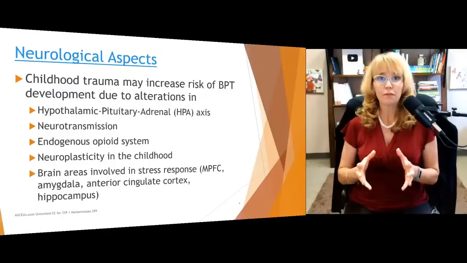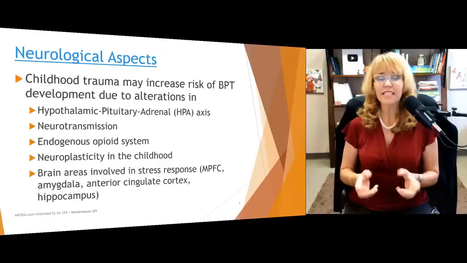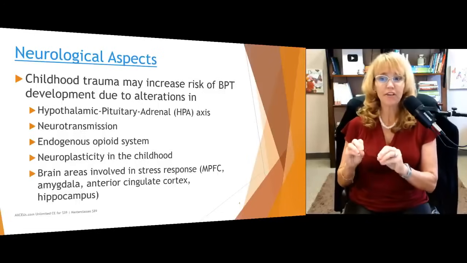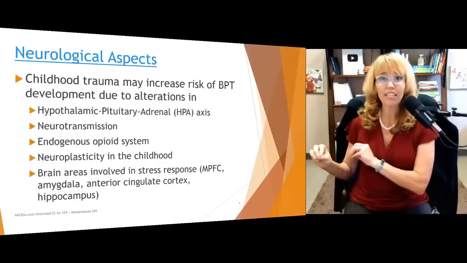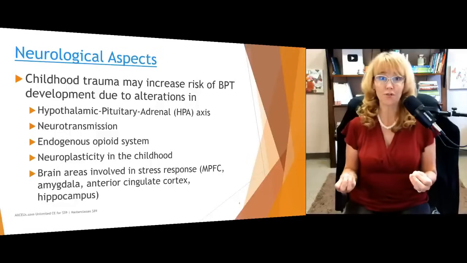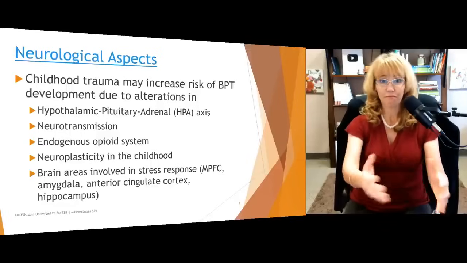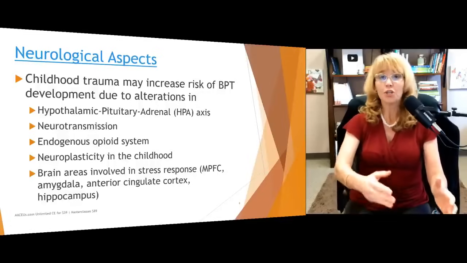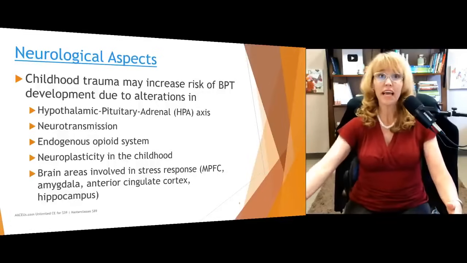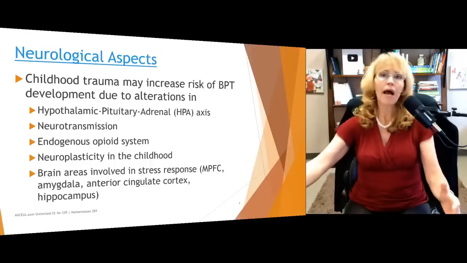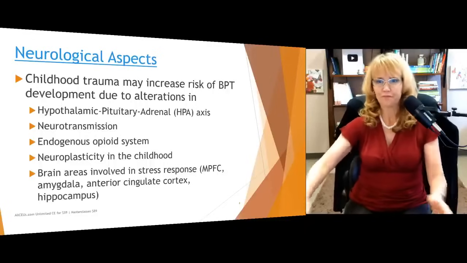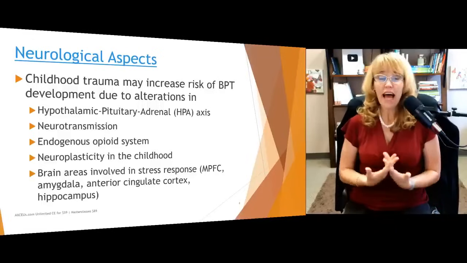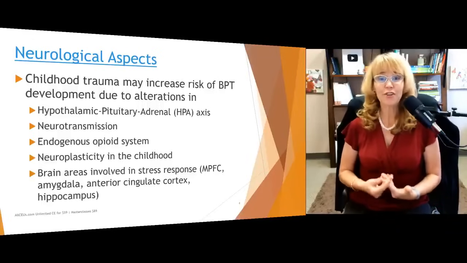And people with borderline personality traits often show this hypothalamic pituitary adrenal axis dysregulation in what we call emotional dysregulation. They go from flat, not feeling much of anything, not being very emotive, to feeling like they are overwhelmed by overpowering emotions.